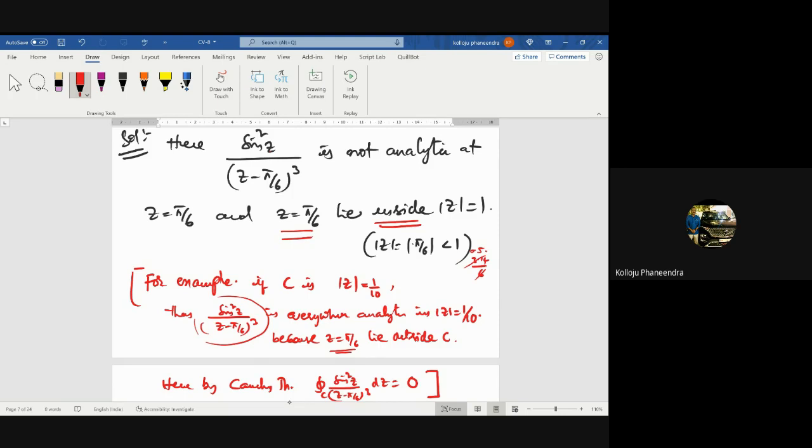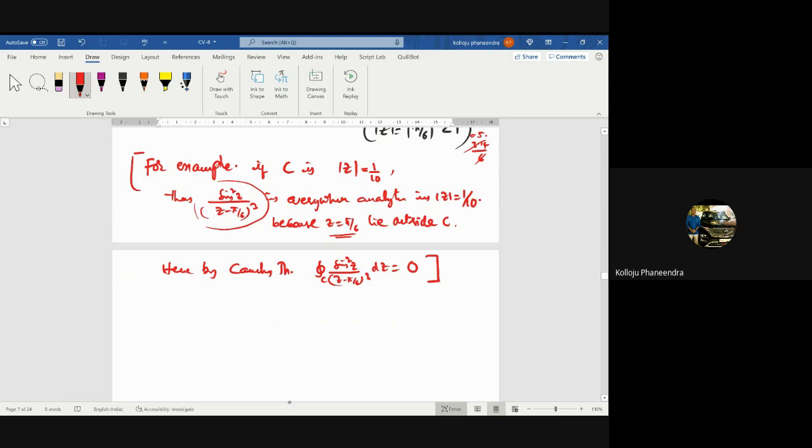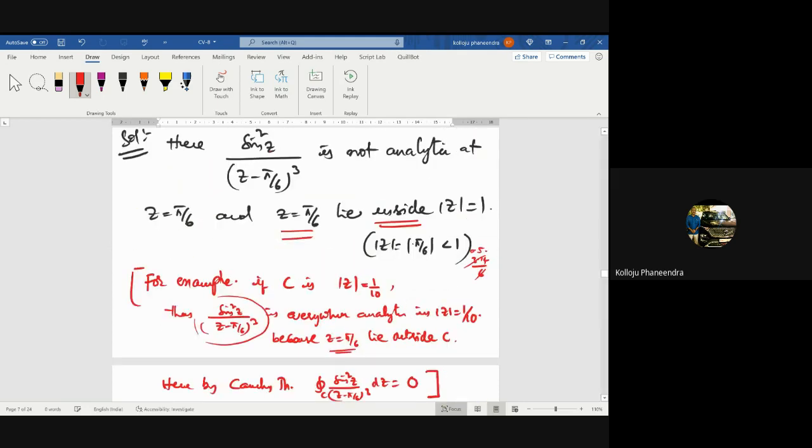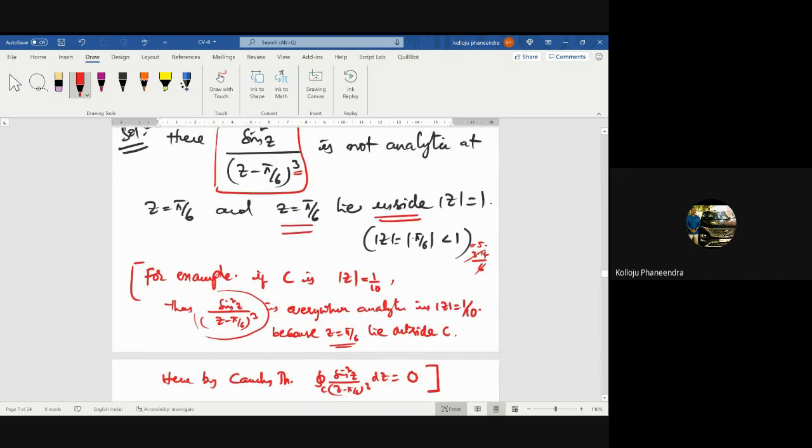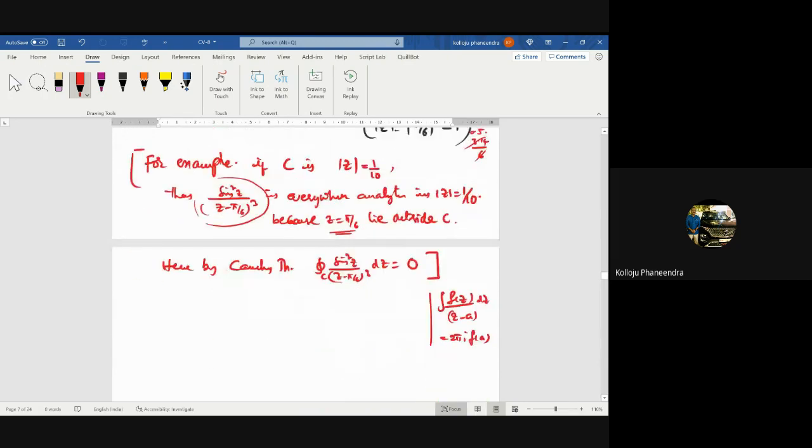If the function were that form, you could apply Cauchy integral formula directly, whose structure is the integral of f(z) by (z - a) dz equal to 2πi f(a). But this is not of that structure. In this function, a cube is there in the denominator, more than 1 degree.